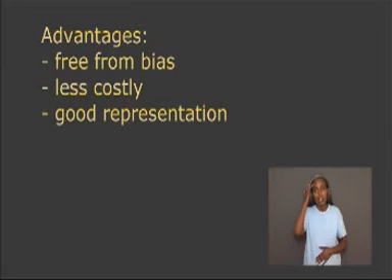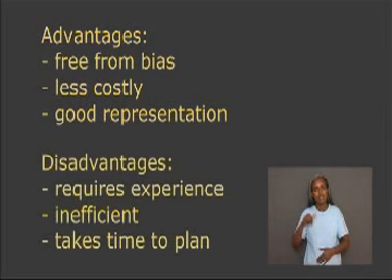Random sampling has the advantage of being less costly than gathering data from an entire population. On the other hand, random sampling requires skill and experience to achieve proper results.